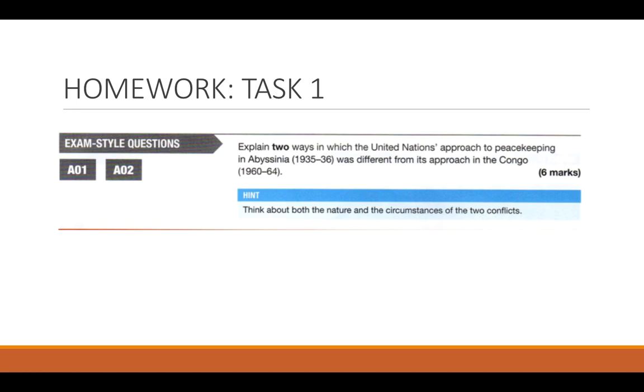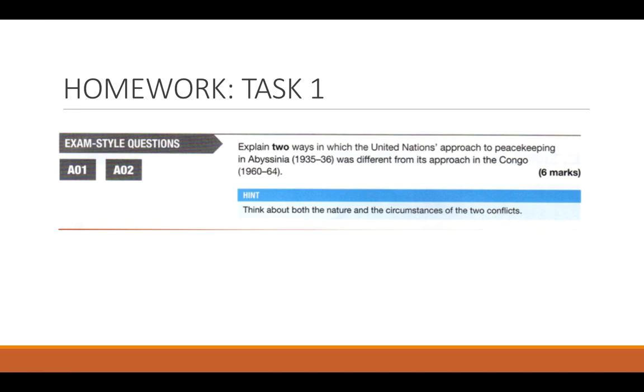In one paragraph, explain the first difference between the League's involvement in Abyssinia and the UN's involvement in Congo, and in the second paragraph, another difference. And there's a hint here: think about both the nature and circumstances of the two conflicts. I will be waiting for you to submit your answers via email, and I will be posting the homework on the Open School. Thank you very much.